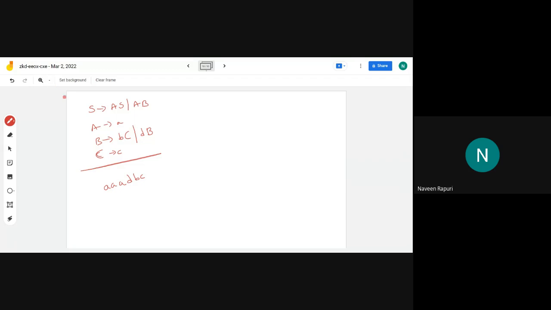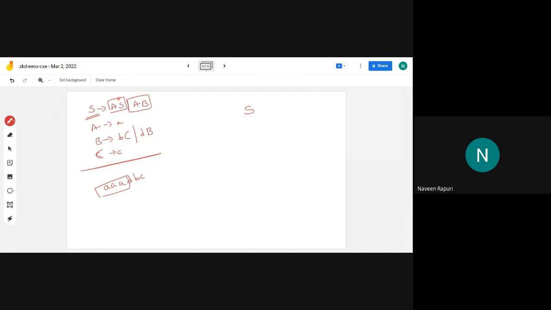So again, I am starting at the root, which is S. From the root, we can derive A S or A B. Suppose if I take A S, there is a chance to take one more A S, so I need 3 A's.